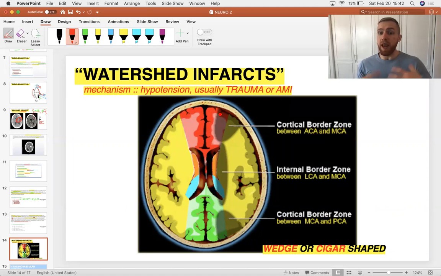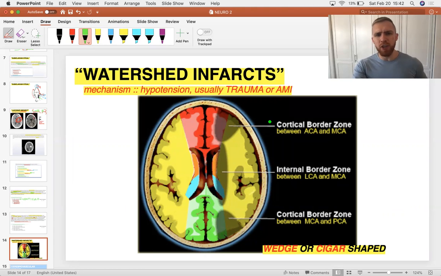And so if you get a global hypoperfusion of the brain, let's give an example. The patient gets in a motorcycle accident, they've lost a lot of blood. Well, then this watershed area will be one of the very first areas to see a drop in blood supply. That should be easy enough to understand.